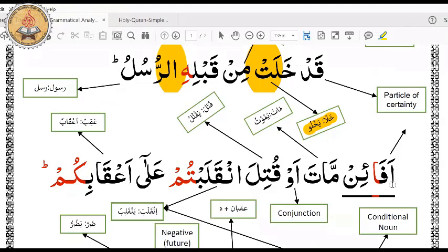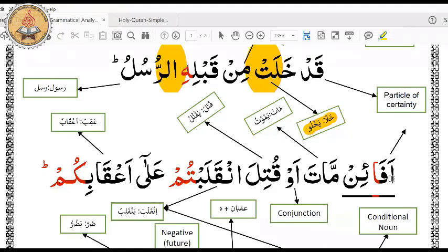Remember that afa is for asking a question, whether, like for example you say anta alimun, you are a scholar. Anta alimun? Are you a scholar? So it is asking the question.